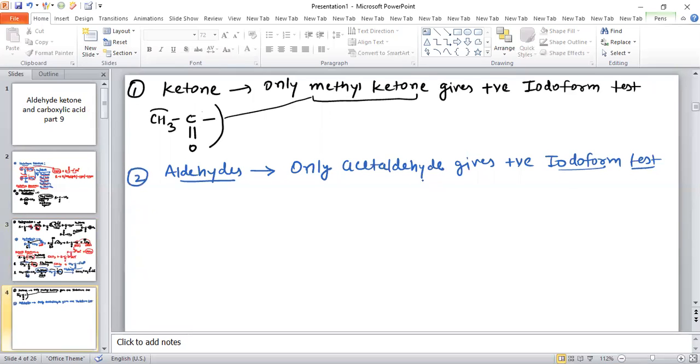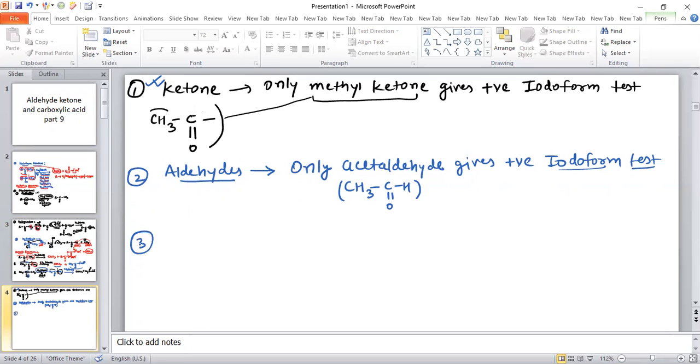What is acetaldehyde? Acetaldehyde is basically CH3, C double bond O, H. So we have discussed ketones: only methyl ketones give a positive iodoform test. In aldehydes, only acetaldehyde gives a positive iodoform test.